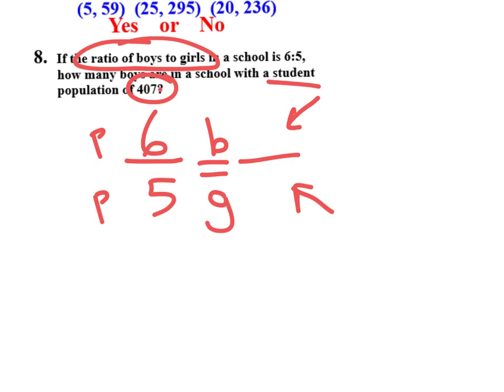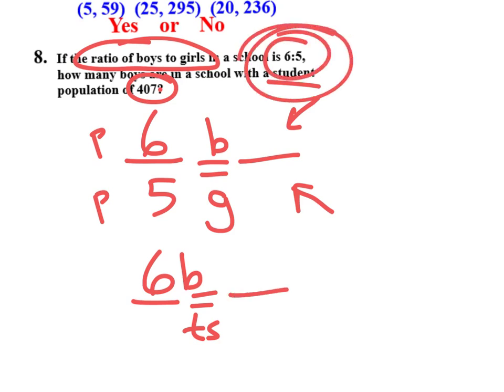Well, we're going to have to convert something. So I'm going to go back and look at what I actually want to know. I want to know how many boys there are, so I'm going to leave 6 boys in my ratio, but my next thing is total students. So I'm going to go ahead and convert this to total students. If I take that first ratio, 6 to 5, there are 6 boys and 5 girls.